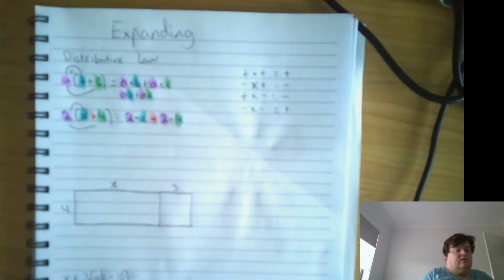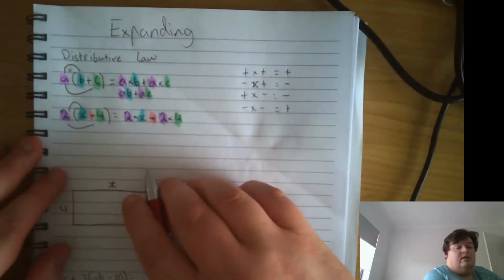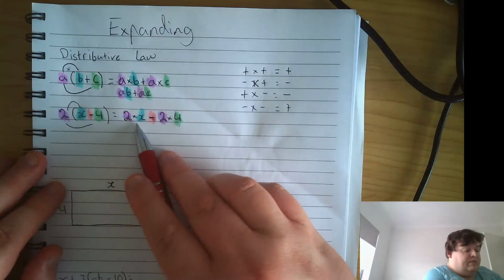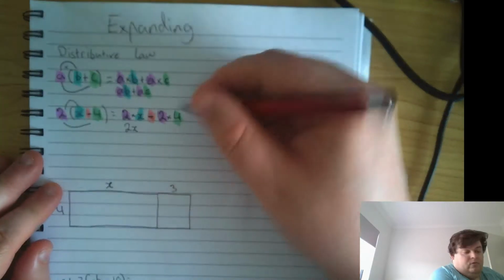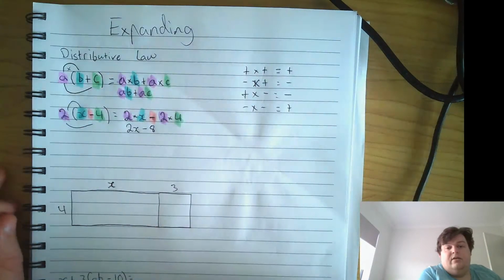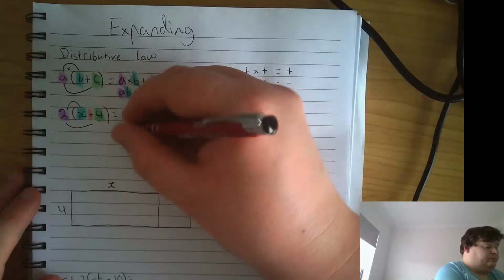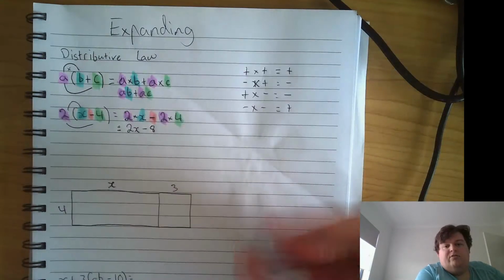So let's have a look and see what we've got. 2 times x gives me 2x, minus 2 times 4, which gives me 8. So my answer is 2x minus 8. Alright, no problems.